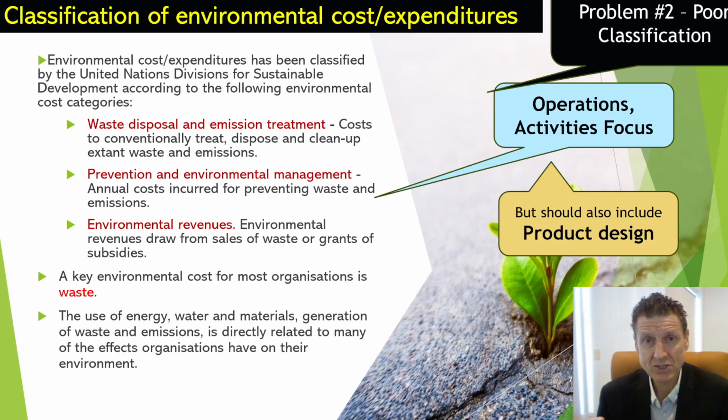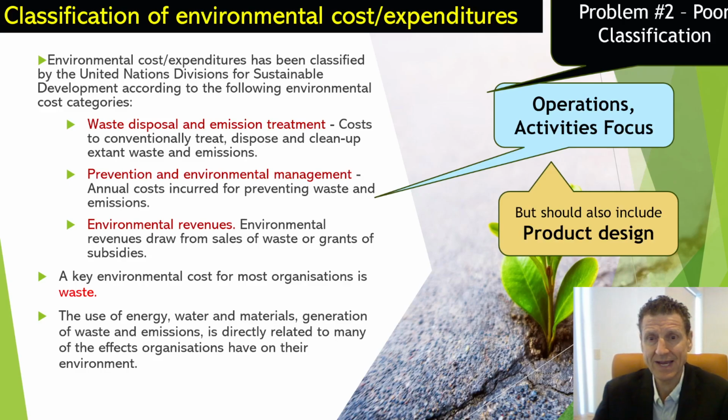So the actual creating of products is also creating waste. And so this is how you see the connection. And this is why we need to better classify and reconnect waste with the operations and activities, the value creating activities of the organization. We could also include product design in there as well.